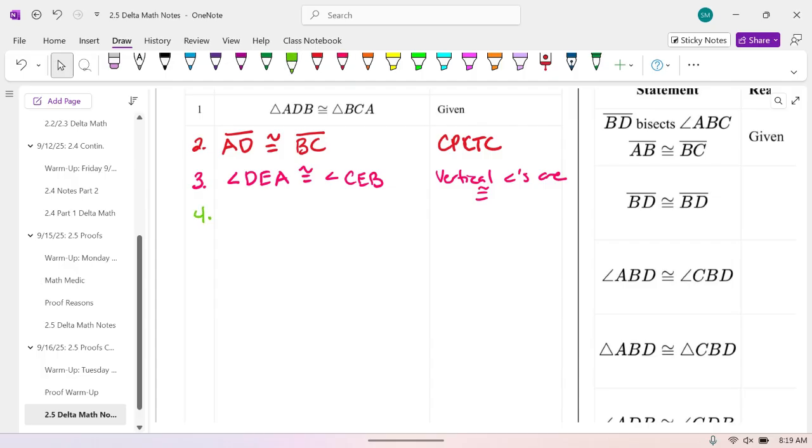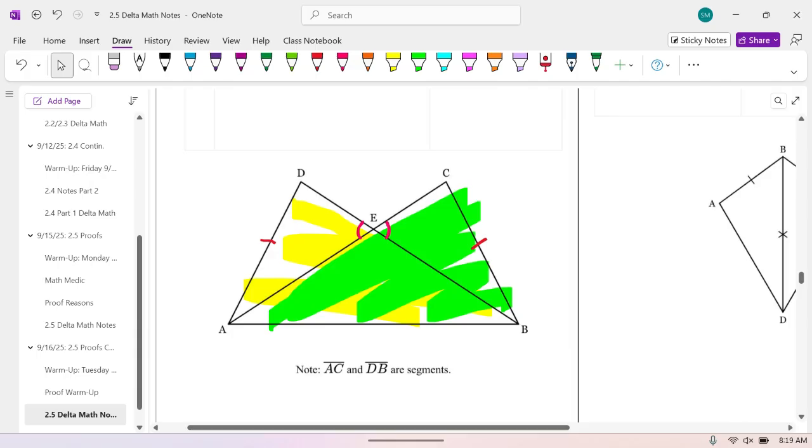All right. What's something else that I could say? So look at what we have proved now. So we have a side and an angle that's proven. So think about postulates. Which postulate do you think we should shoot for proving the triangle with? So AAS, ASA, SSS, SAS. What do you think?